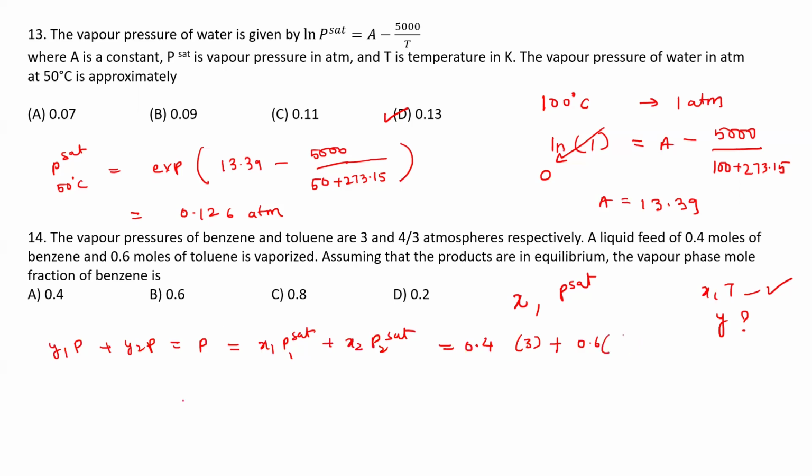And how do you find y1? Y1 is equal to X1 P1sat by P. So when you insert this P here and find out, you will find y1 is equal to 0.6.